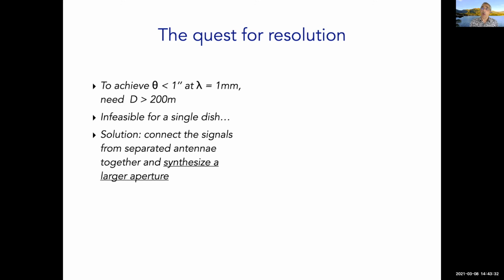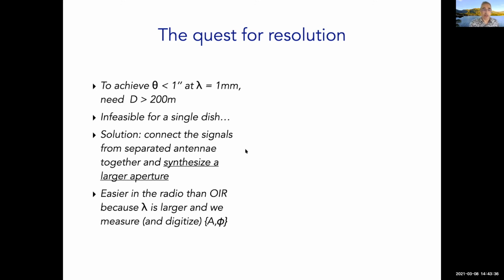Now, we can do this in the radio because, as I mentioned at the beginning, the radiation comes in and we measure it as a wave. We measure the amplitude and the phase. So it's relatively easy to combine them. We also digitize it, so we can record it and do it all in electronics.